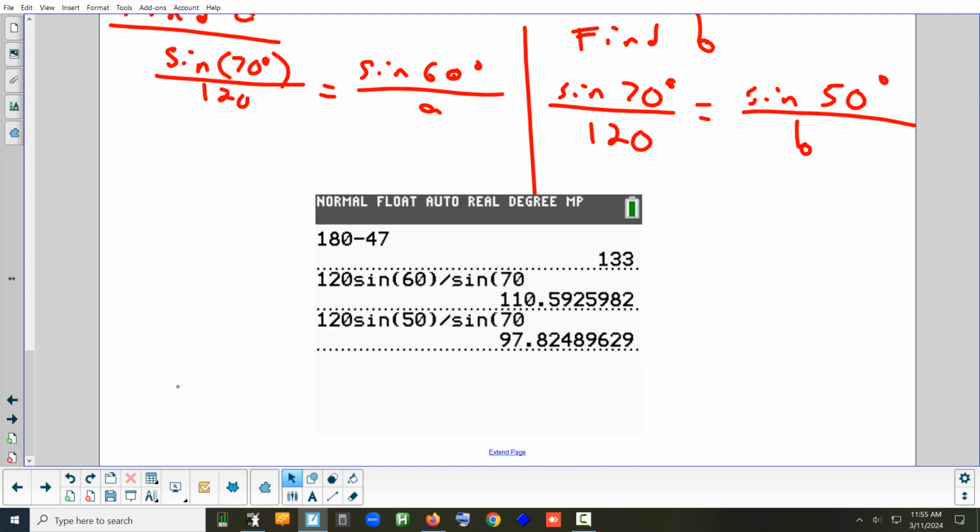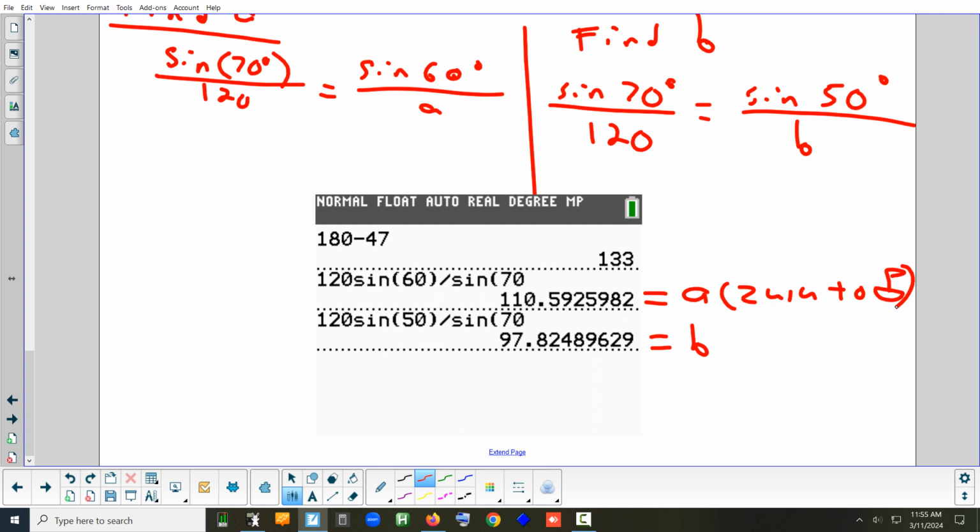Again, A was Zulu to boat, and B was X-ray to boat. So now we know the distances. Any questions on that?